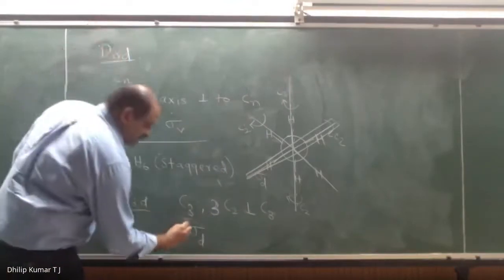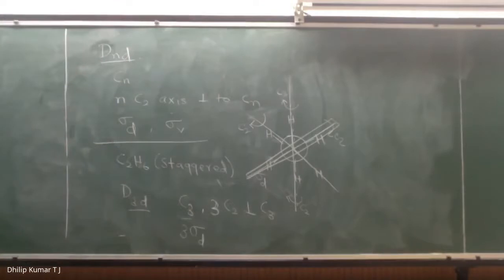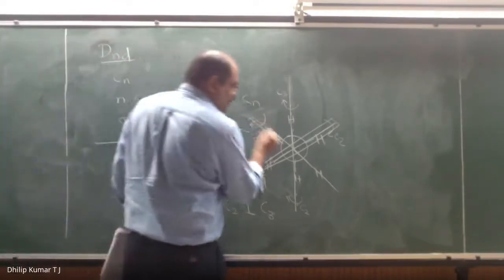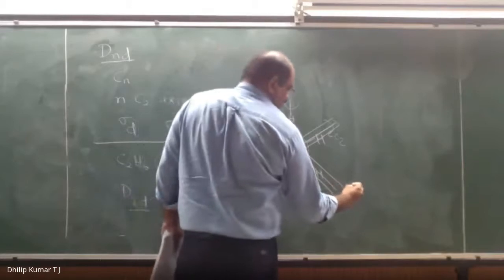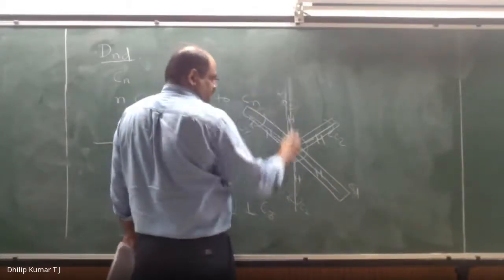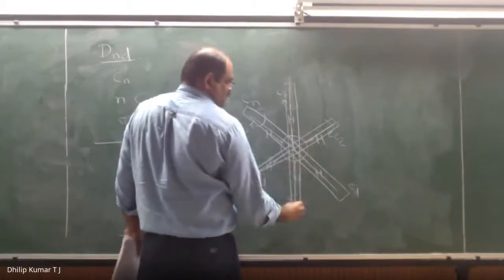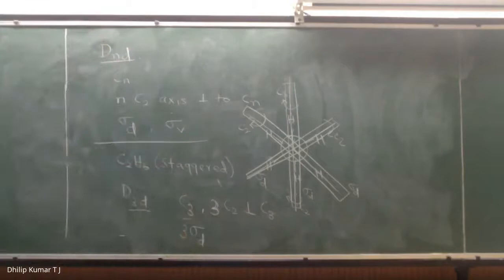So there could be 3 sigma d. It's not just 1 sigma d, but there could be 3 sigma d. Wherever you have put a C2 axis of symmetry, everywhere you can put a sigma d plane, and again here. So you get symmetrical structures.